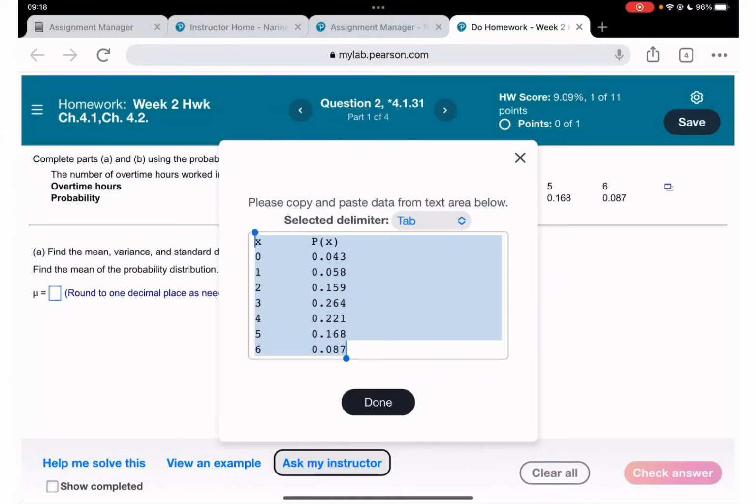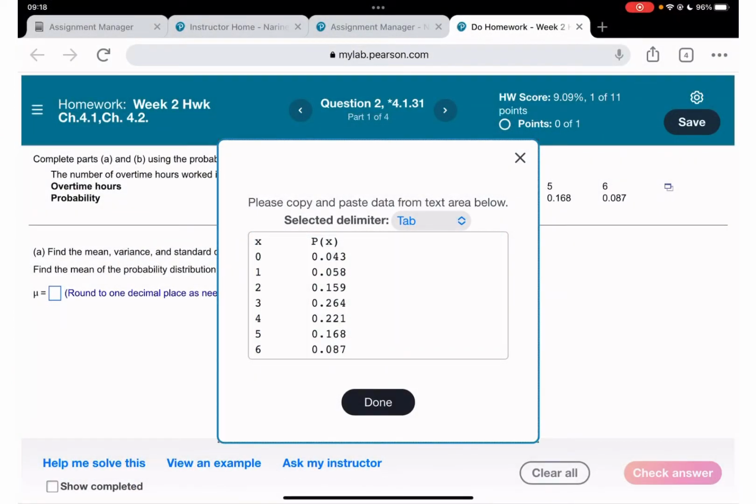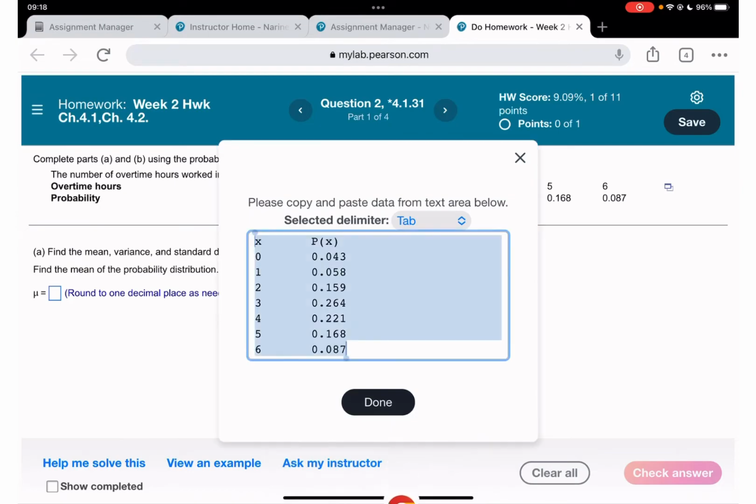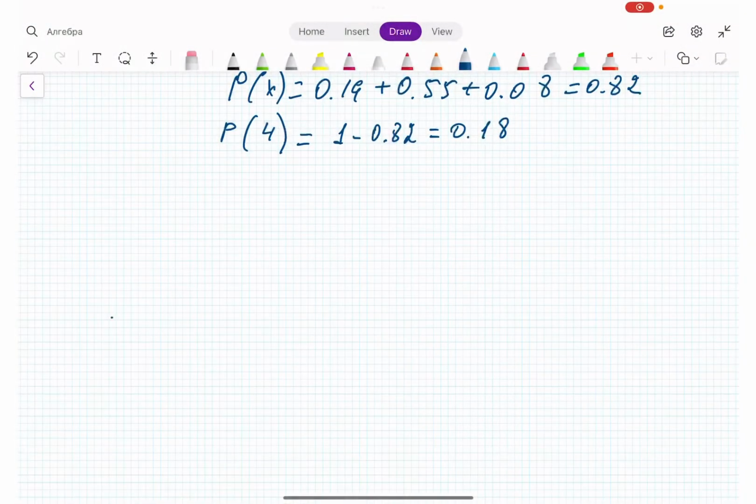I'll take a picture now and then place it here. And this is what we're going to have.